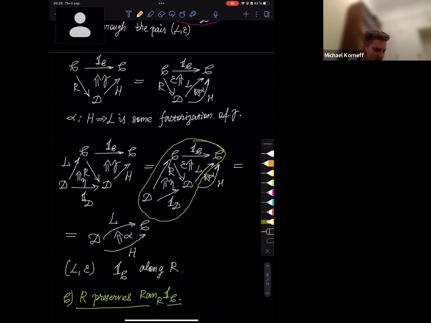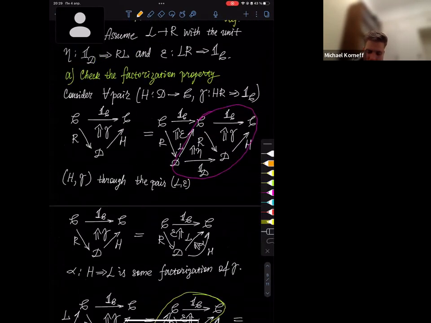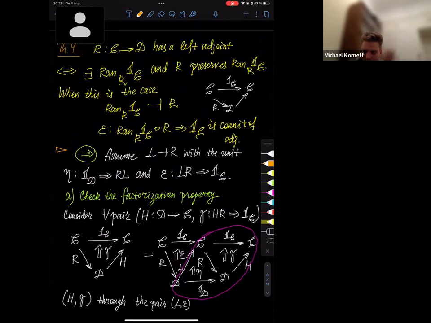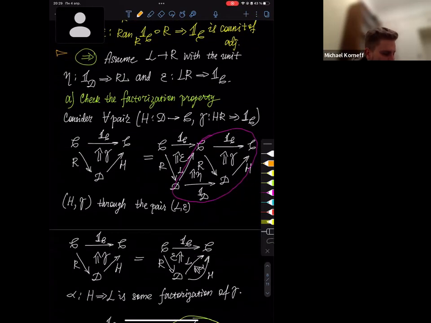Okay, I've demonstrated some technique which is used in this proof, and we can see that this is simple, but the proof is so long.